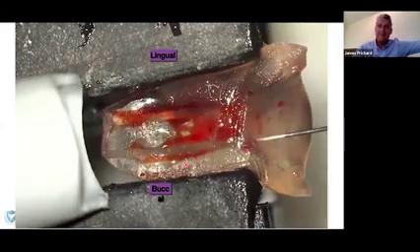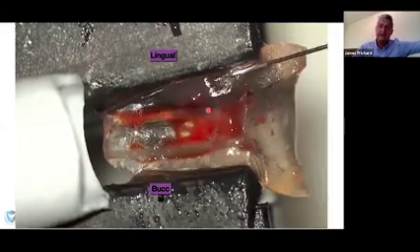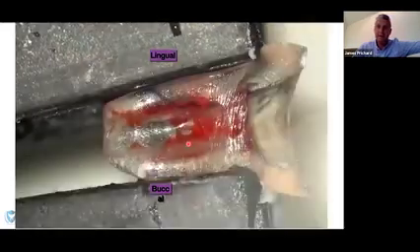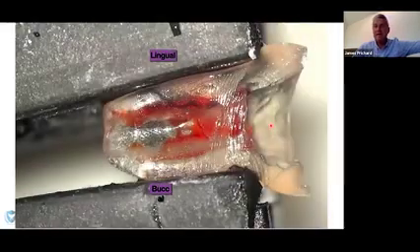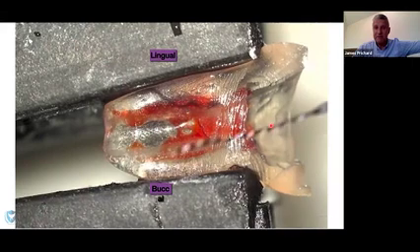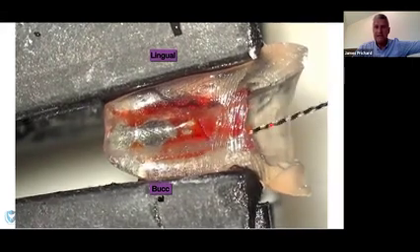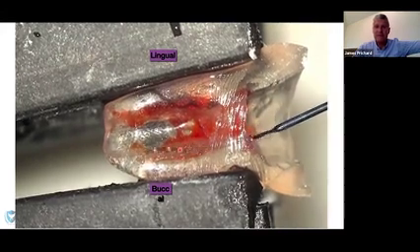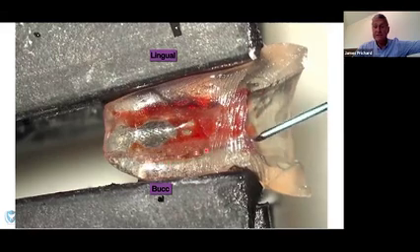Here, the concept is that the irrigant is delivered into the root canal after shaping, and then the XP finisher, as it's called, is introduced and then rotated. You put it into the canal first and then rotate it, and then you let it just do its thing.